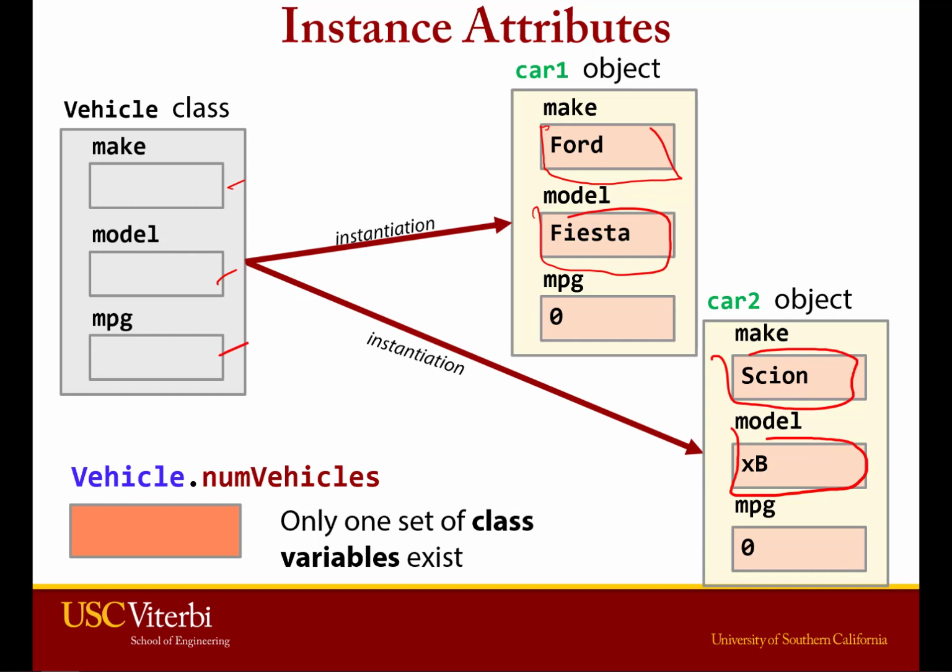But we only have one num_vehicles. That's it. So they are shared by everybody. This is a way of making a variable or a constant, depending on what you're doing, that is accessible by all the objects and it's shared.